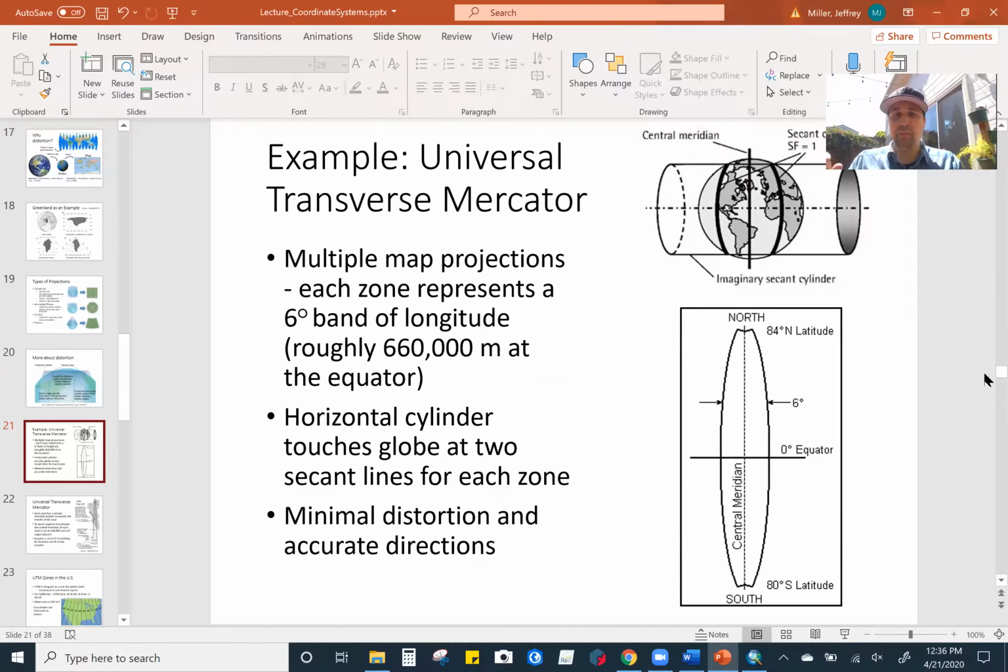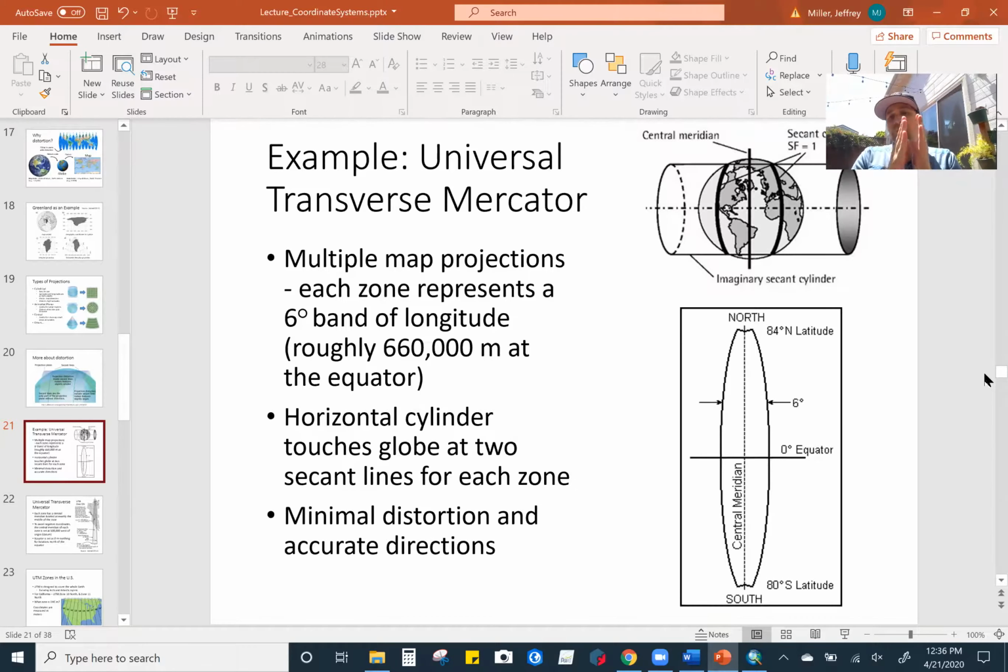Now, why does this all matter? With UTM, we have about a 6-degree spacing in between. So 6 degrees of longitude is how wide each one is, which is actually not that much. Let's see, a horizontal cylinder touches the globe at 2 secant lines for each zone.